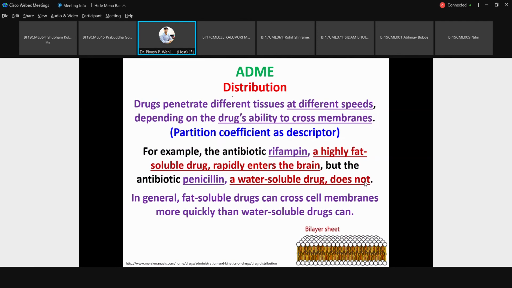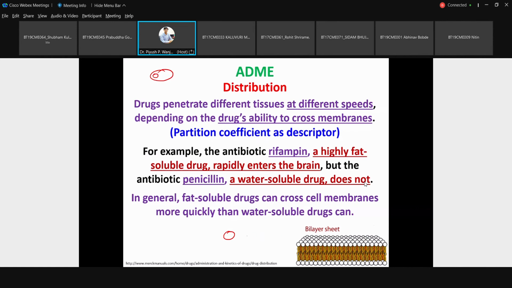When this distribution happens, once the drug identifies the particular tissue and the cell, its job is to cross the cell so that it can have its activity.